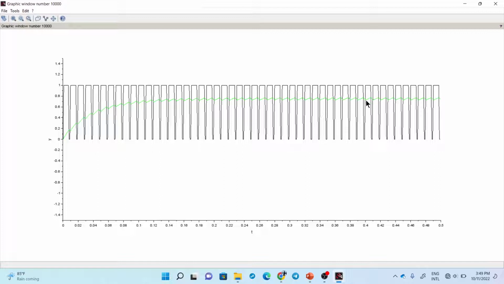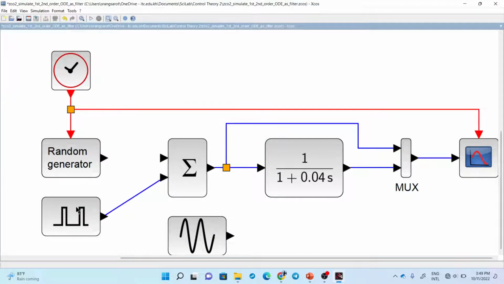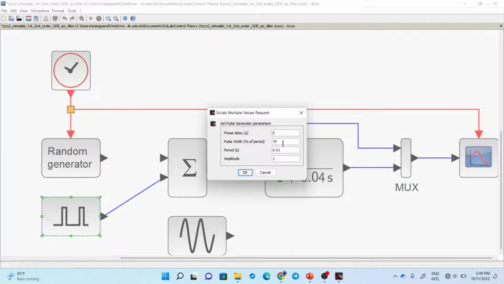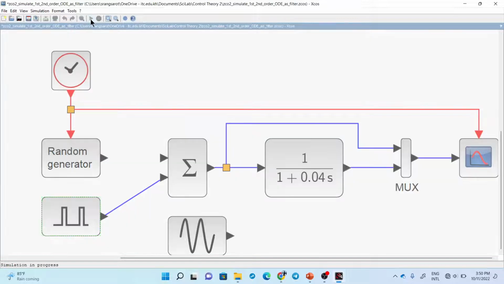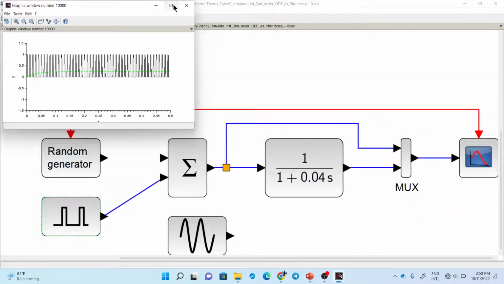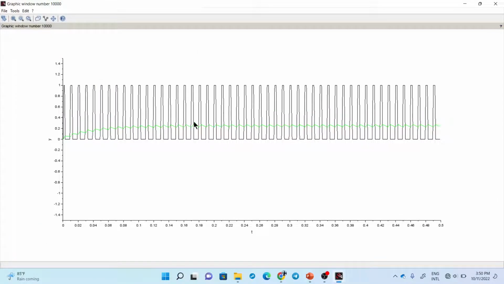Okay? And if you lower the percentage of this one down to 25%, and when you run it, you can see that the value of the filtered signal is around 0.25, which is 25%.